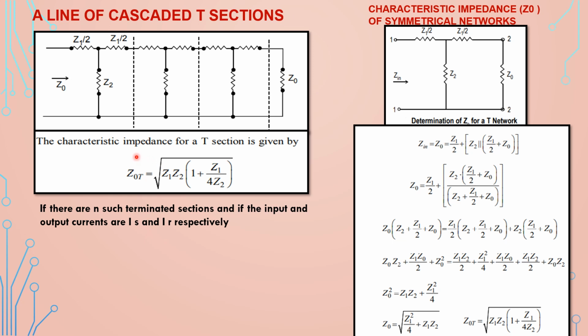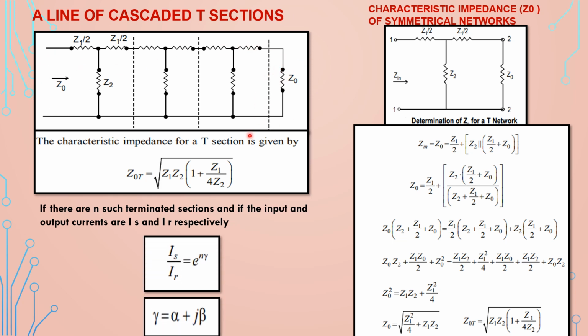And consider there are n such terminated sections. So likewise there are n number of sections. If we assume the input current is Is and the output current is IR, we can write the equation as Is by IR, that is, the ratio of the sending end current to the receiving end current. We can write it as e power n gamma, where n represents the number of terminated sections and gamma represents the propagation constant.